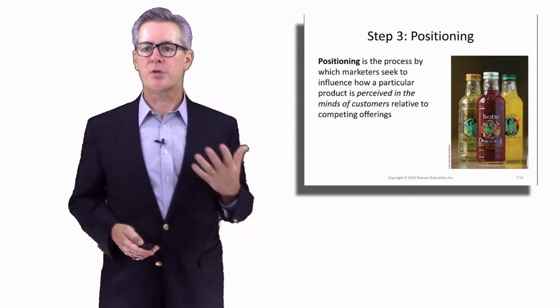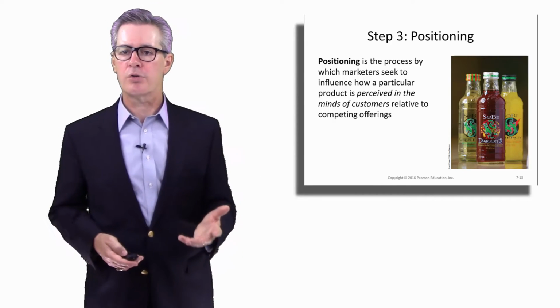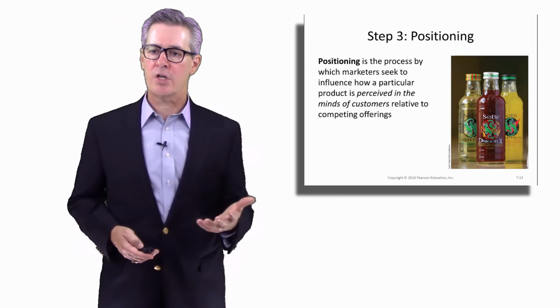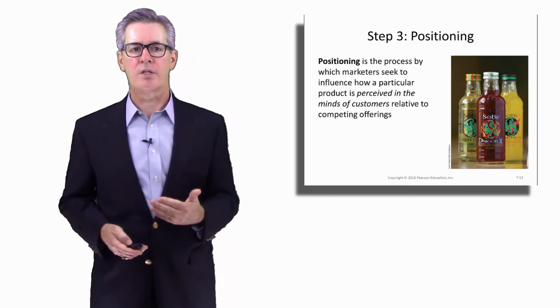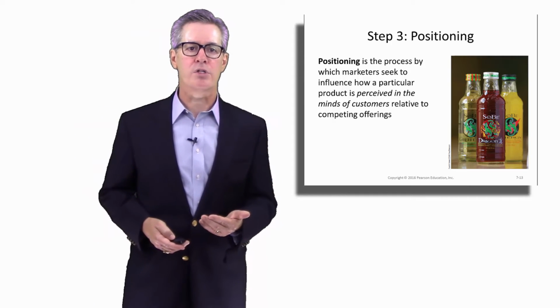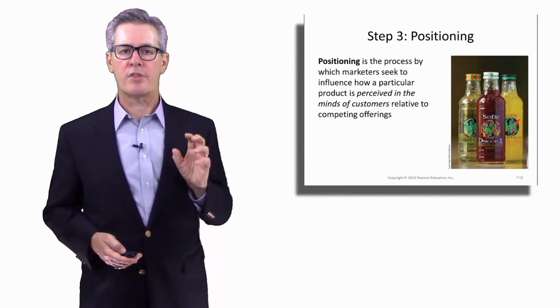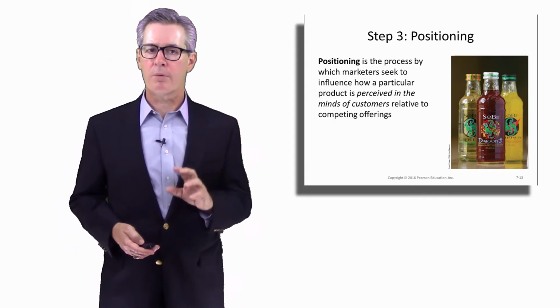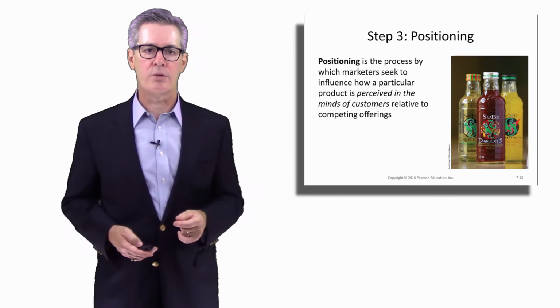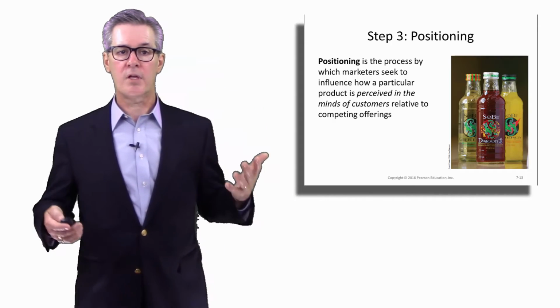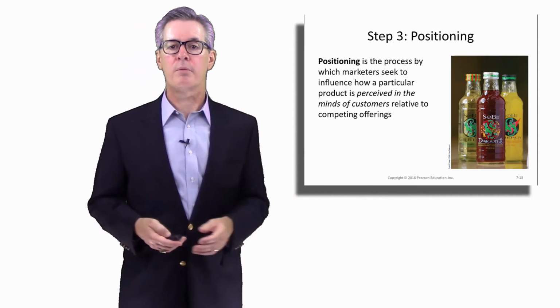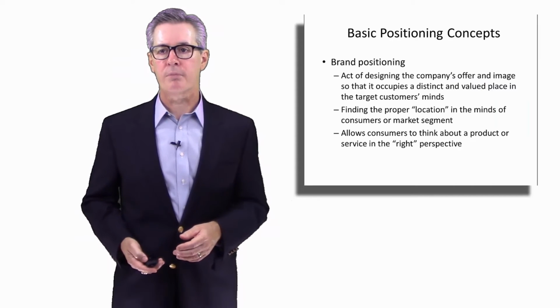We call this positioning, the process by which marketers seek to influence how a particular product is perceived in the minds of customers relative to competing offerings. So what do you want customers to think of when they think of your product in comparison to others? Do you want them to think, well, it's a very high quality product? Maybe you want them to think it's a cool product. Maybe you want them to think that it's the best value.